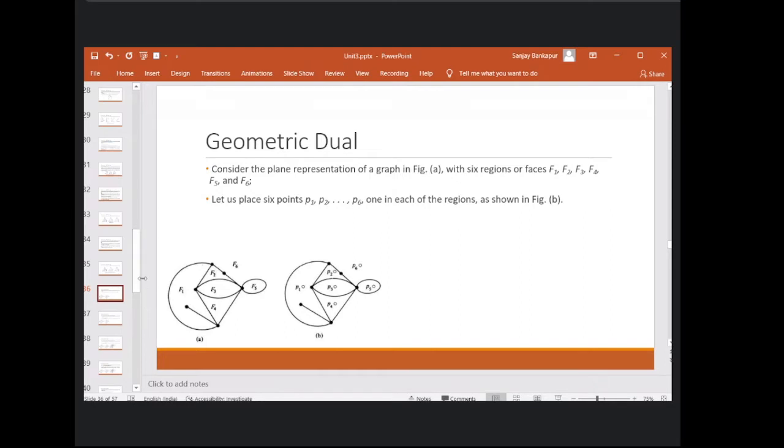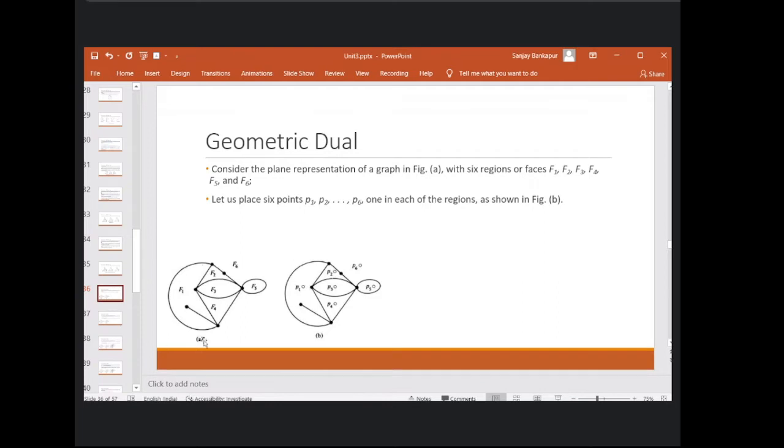So before going into the definitions, I will directly take an example and try to explain the concept behind geometric dual. We understand what geometric means. Dual also we have a fair idea of with respect to the English language. Dual is kind of similar, right? So what is this concept all about?